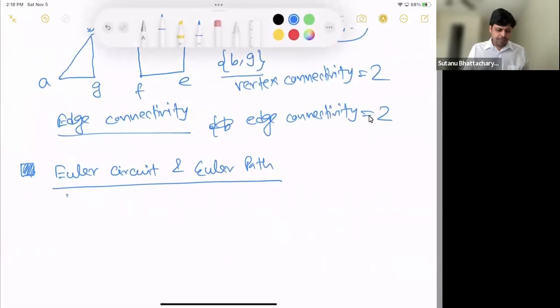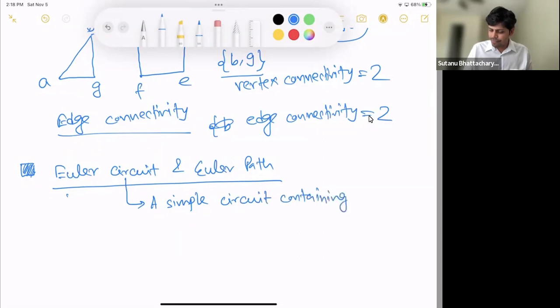So the problem is, what is Euler circuit? The Euler circuit is a simple circuit containing every edge of the graph.